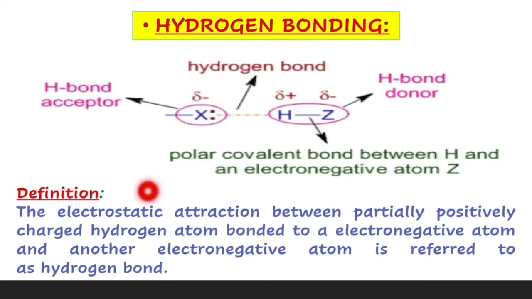The electrostatic attraction between a partially positively charged hydrogen atom bonded to an electronegative atom and another electronegative atom is referred to as a hydrogen bond. So as we can see, there is a partially positive hydrogen atom connected to an electronegative atom and also connected to the electronegative atom of another molecule.